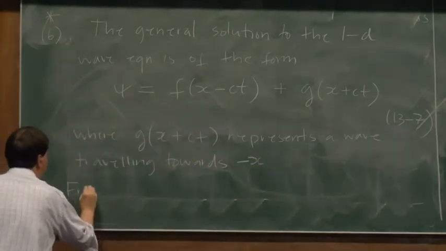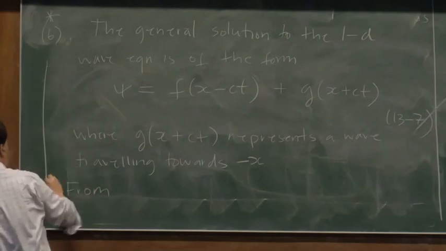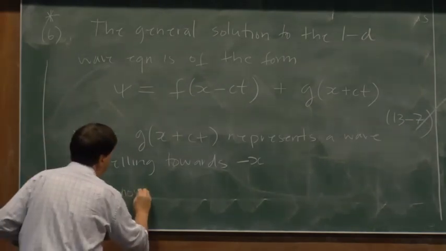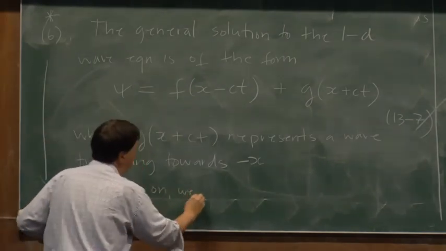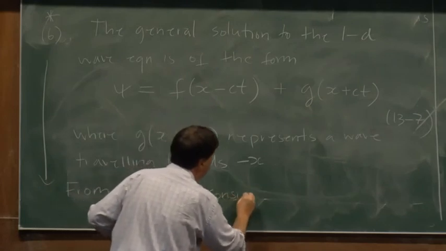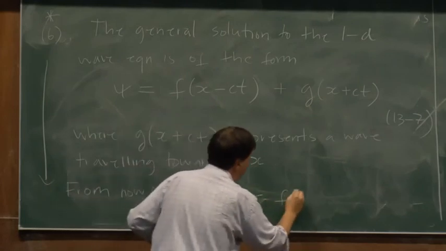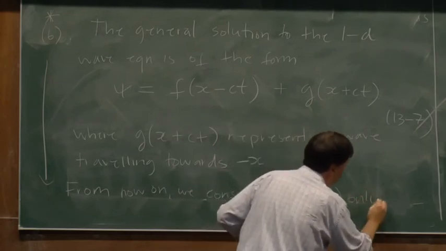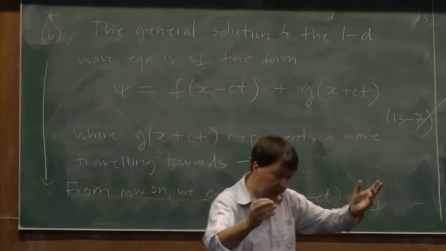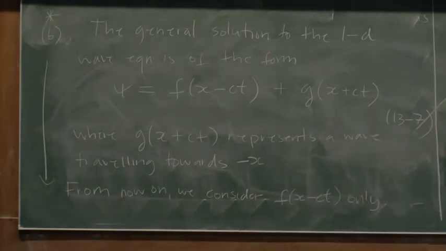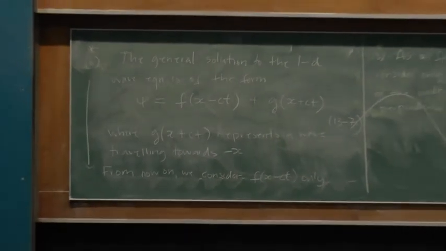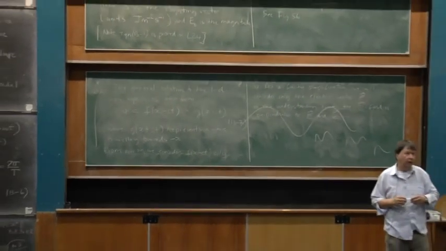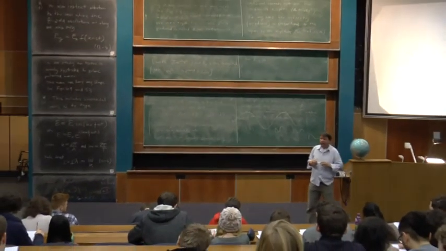From now on, this is approximation 6: we consider f of x minus ct only. In other words, we're just going to consider waves which are going in the positive x direction, because there's nothing new added to the physics by considering waves that go in the negative x direction.